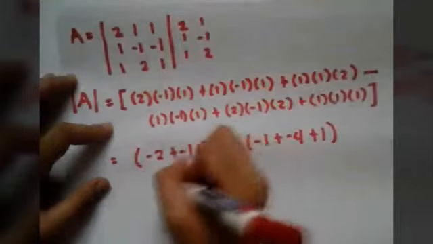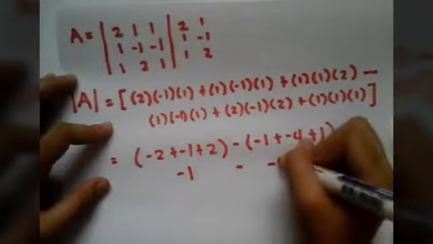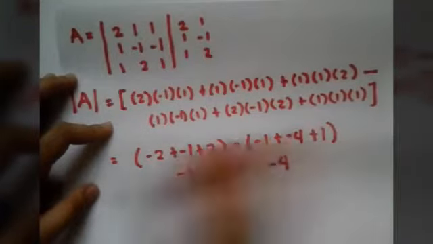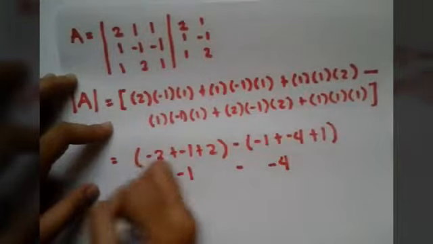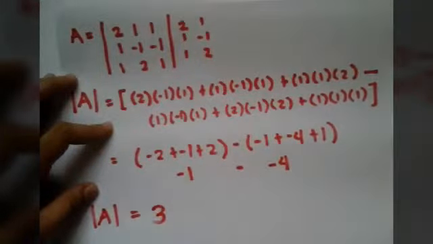It will result to negative 1 minus negative 4. So, the determinant of A will be 3.